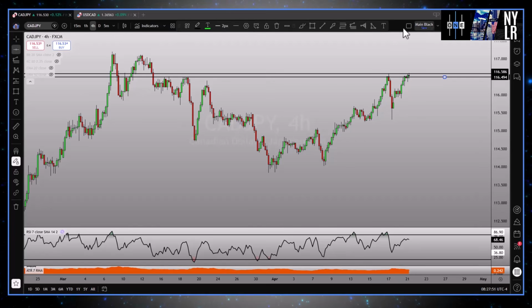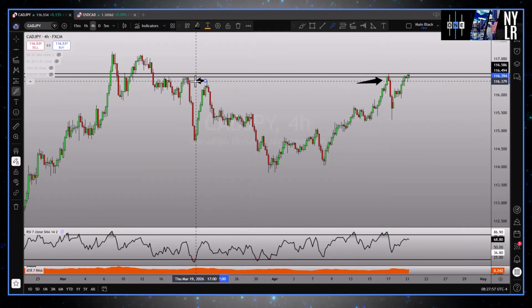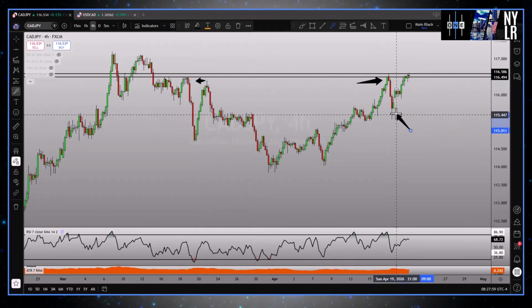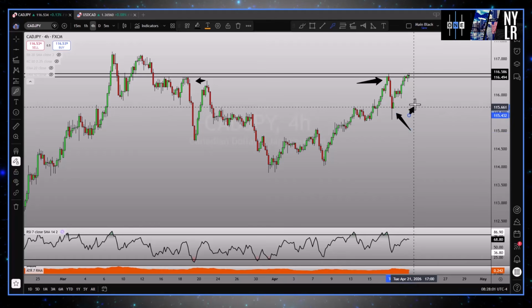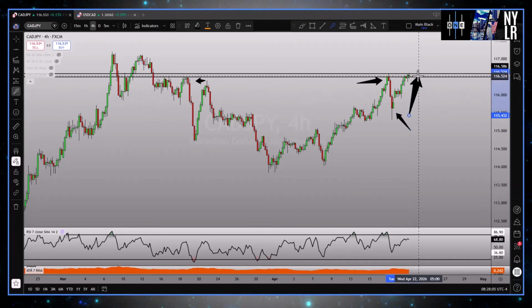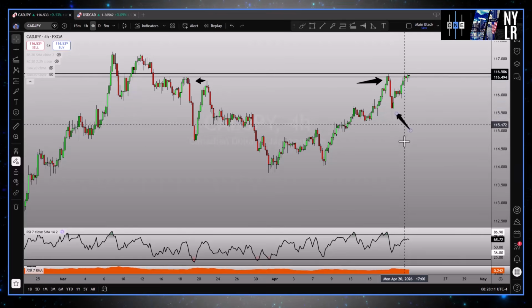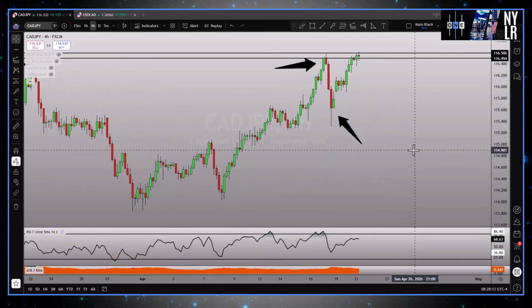So price has recently broken and closed above a previous level of structure, retraced off of it, and now we are working on extending up. We have come back to our most recent structure high, and currently we are holding.